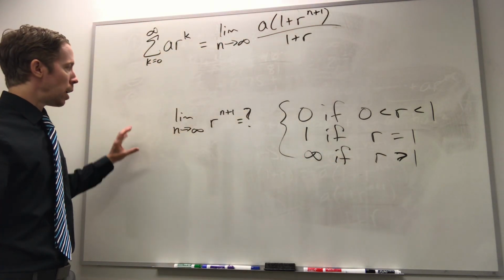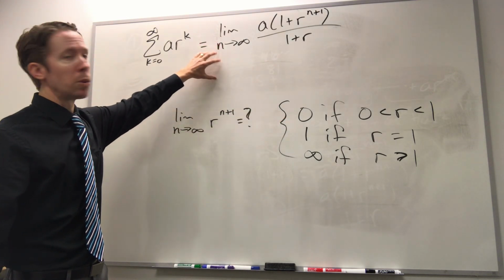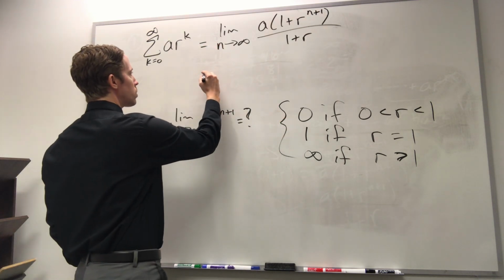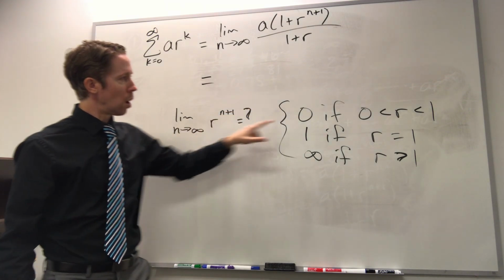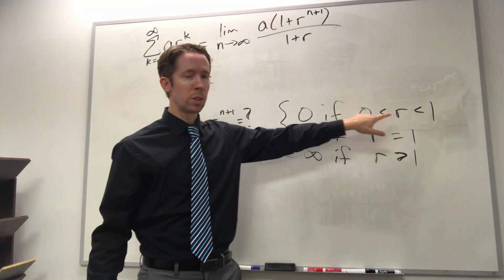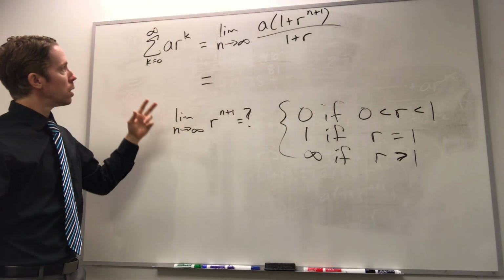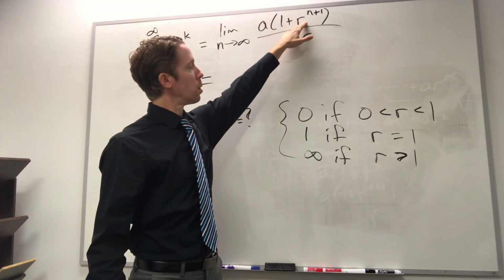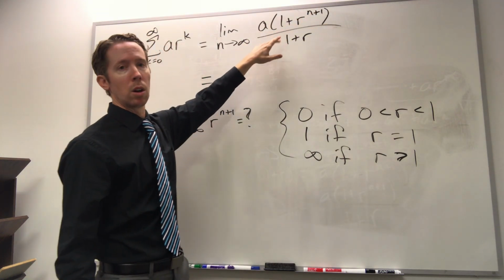So now, because I know this, it tells me what this is going to be equal to. So first, if we're in the case where r is between 0 and 1, like the two examples that I wrote on the board, then this r to the n plus 1 goes away, it turns into 0, and we're just left with a times 1 over 1 plus r.